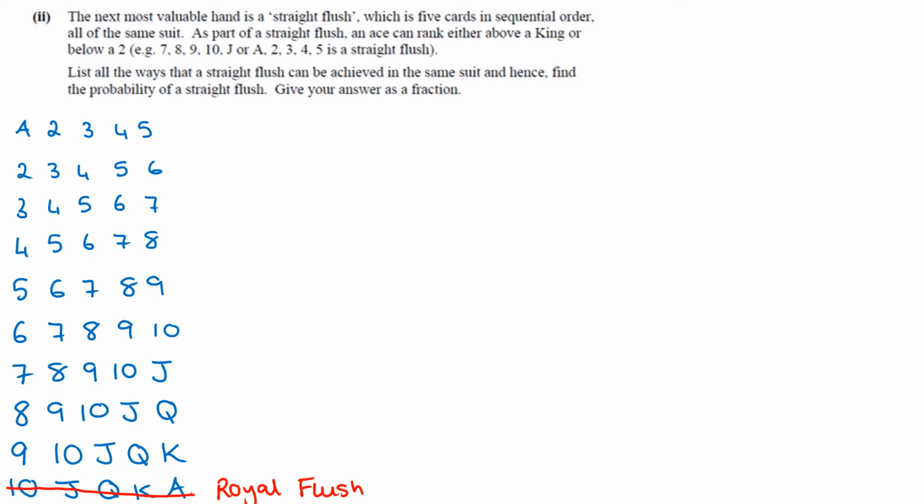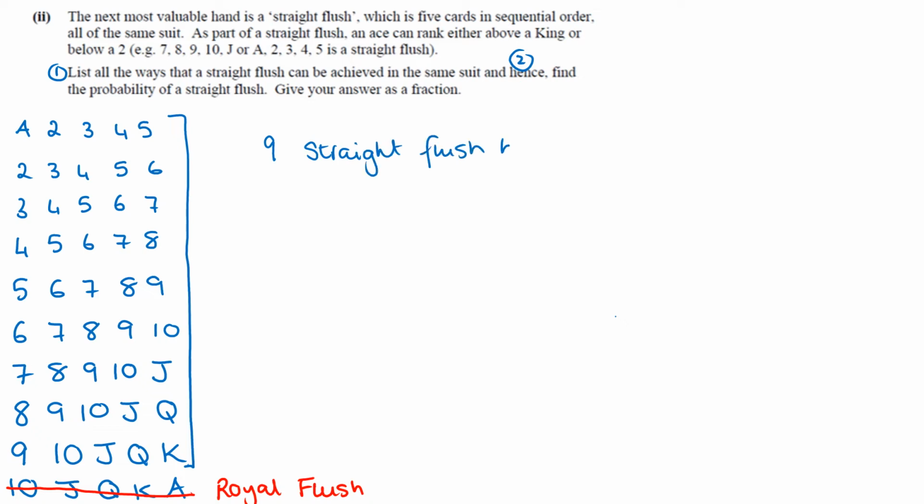So list all the ways that you can get a straight flush. That's the first part of the question. And hence find the probability of a straight flush. Well, okay, so there's 3, 6, 9. So there's 9 straight flush hands in each suit. So that means the total number of straight flush hands you can get is 9 by 4, which is 36.